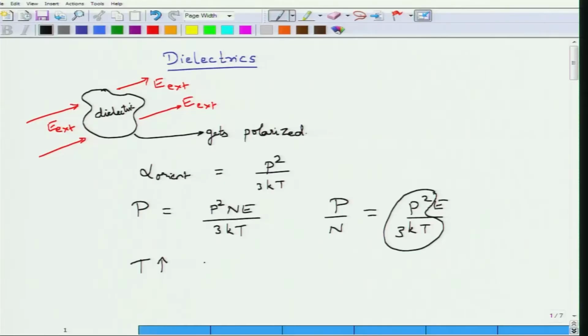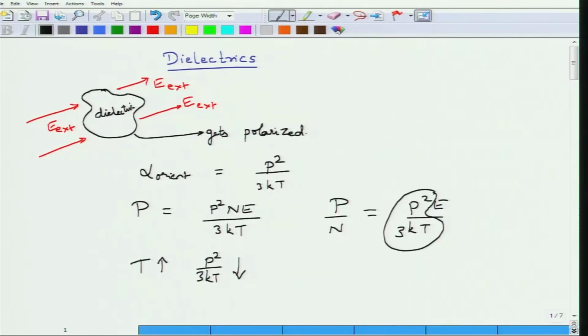meaning that as temperature T increases, this corresponding quantity p square by 3kT decreases, which means simply that as temperature has increased, the kinetic energy of the atoms or molecules inside the dielectric material would increase, and therefore it becomes extremely difficult to align them in a particular direction.